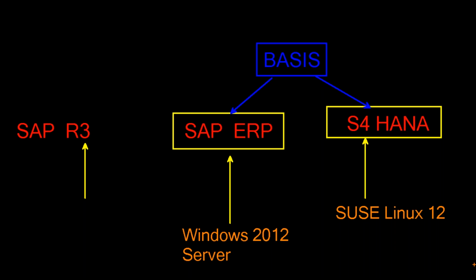But the basis means that transaction codes are common in ERP and S4HANA. Maybe one or two options are changed compared with SAP ERP, but the options are the same. Everything is the same. So why I'm saying this is, some people think S4HANA is a module.